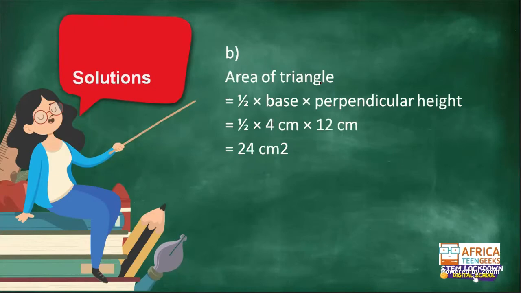You can just say A is equal to half times B times H. Remember, time is of the essence, especially in an exam. And your base is 4 centimeters and your height is 12. So the answer is 24 centimeters squared. Centimeters squared. Small 2 there. Okay, so well done, everyone.